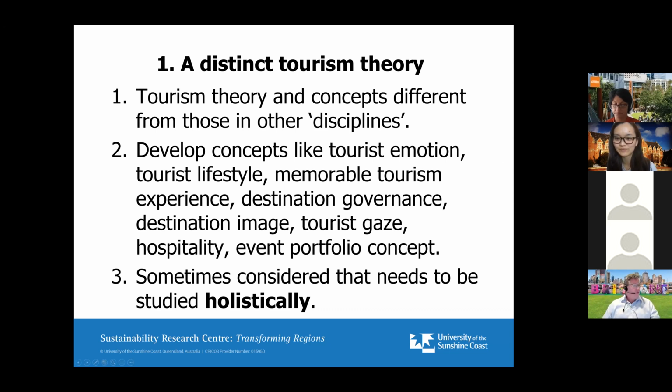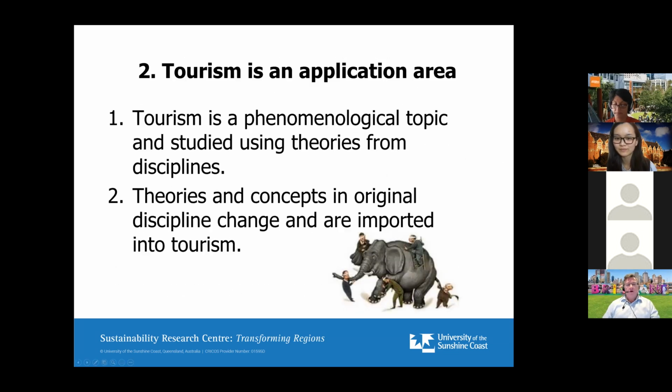Okay, so the alternative is that tourism is an application area and that many different theories are used to study it. This is like the idea of the seven blind men. I don't know if you've heard of that one, where everyone is trying to study some phenomenon, the elephant, and they use their own perceptions or ideas to do it.